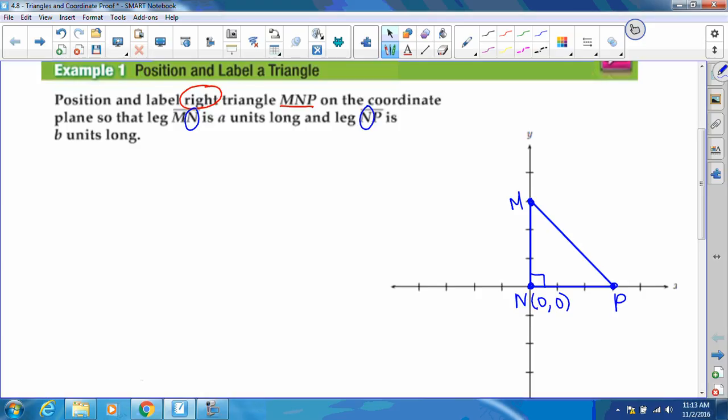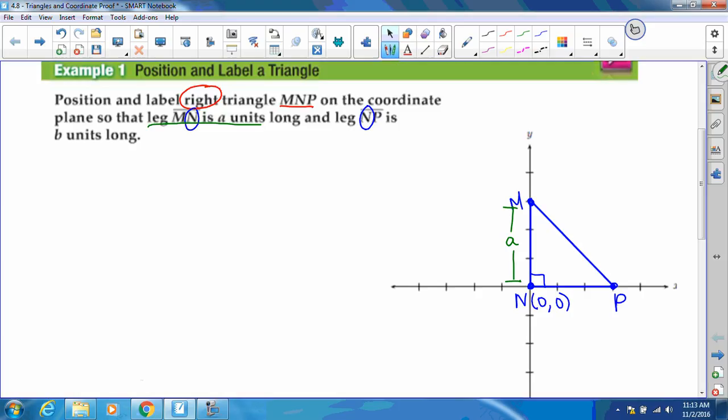So I hope you're seeing you have a right triangle, you have leg MN and leg NP. Let's start with leg MN. We want leg MN to be A units long, so this distance here needs to be A units.